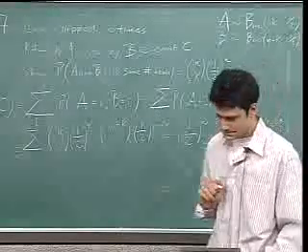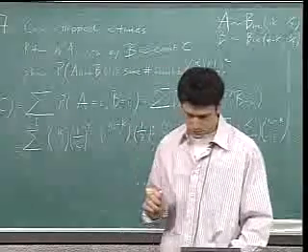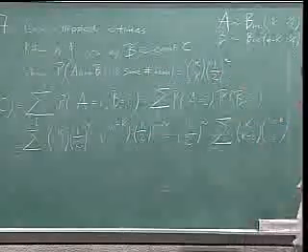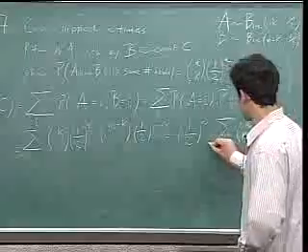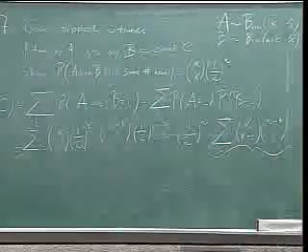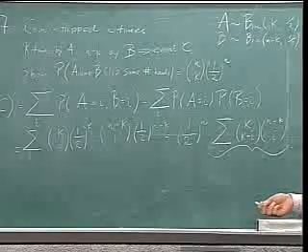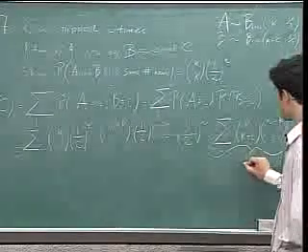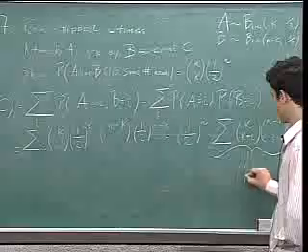Okay. Now, let's look at this sum a little bit. We basically want to argue that this sum is going to equal n choose k.